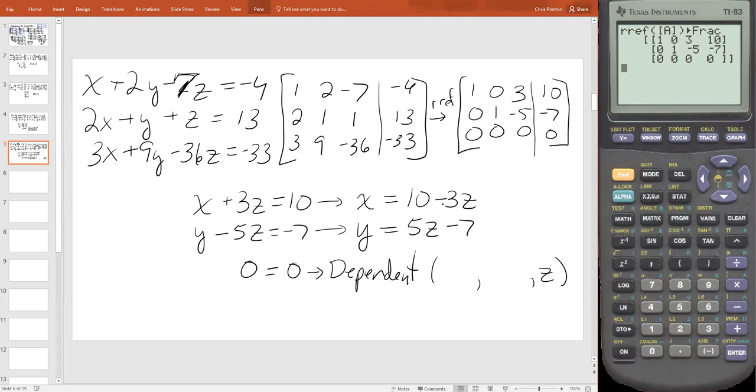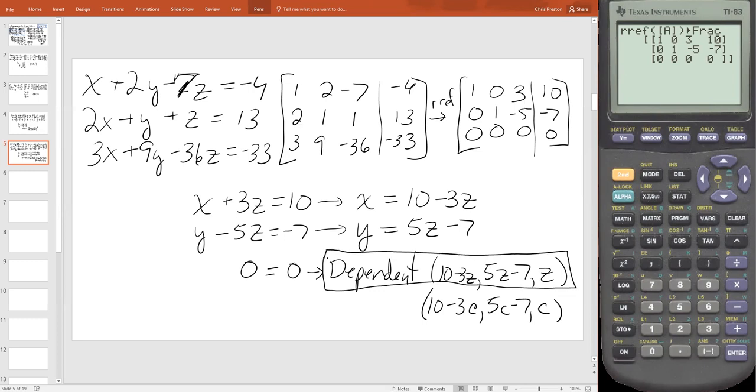See how I can say x has a z in it, 10 minus 3z, and y has a z in it, 5z minus 7. And that's the format. Now, a lot of times they'll change these to a different letter like A or C. You don't need to do that. You can just leave it as dependent upon the variable z, but you will notice sometimes they do that. Okay? So that's what happens when you get one of those dependent systems.